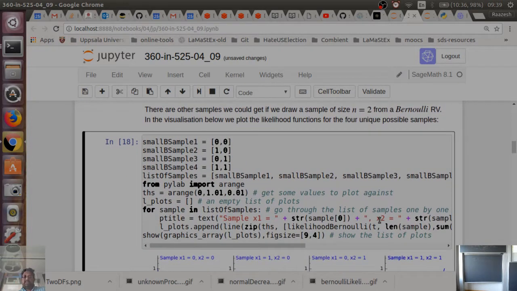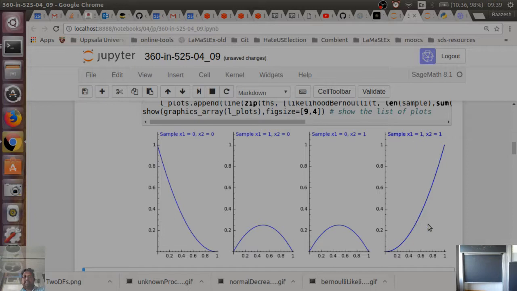So here these are the other possibilities for two observations. What if x1 is 0 and x2 is 0? This is 1 minus theta squared, because that's the likelihood. This one is theta times 1 minus theta.